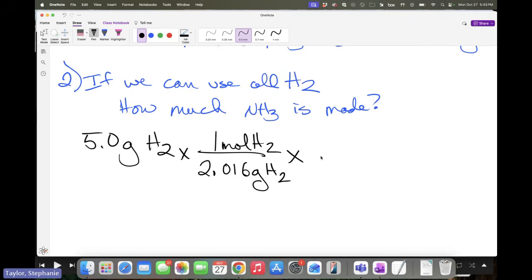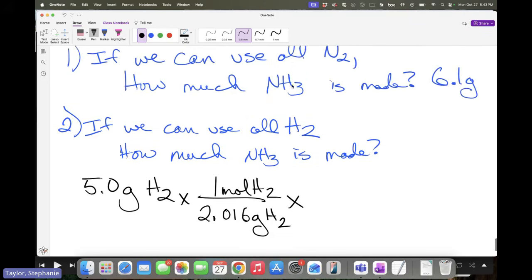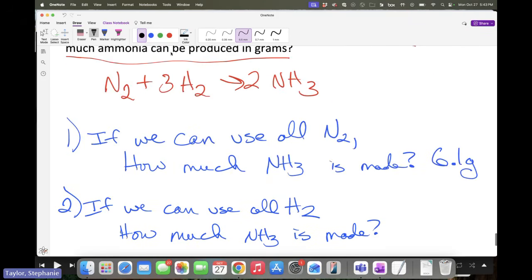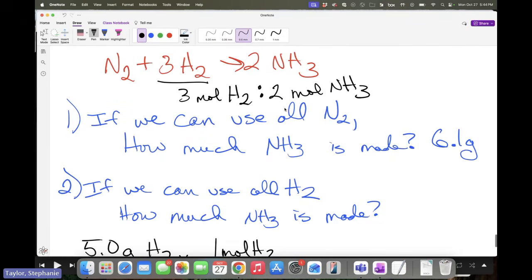And then because we're doing moles of hydrogen, but I want ammonia, I have to go to my balanced chemical reaction. So for every 3 moles of hydrogen, there are 2 moles of ammonia. So I'm going to use this mole to mole ratio out of the balanced chemical reaction.